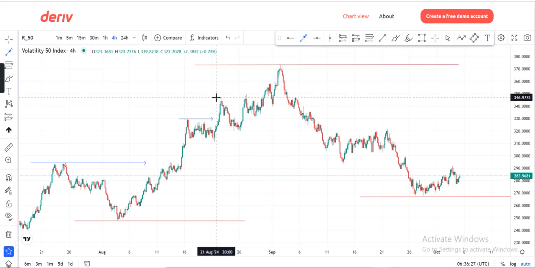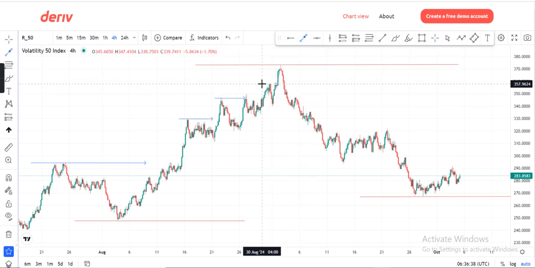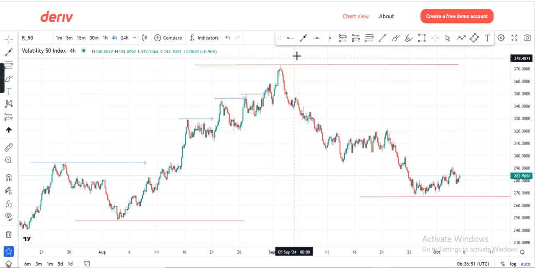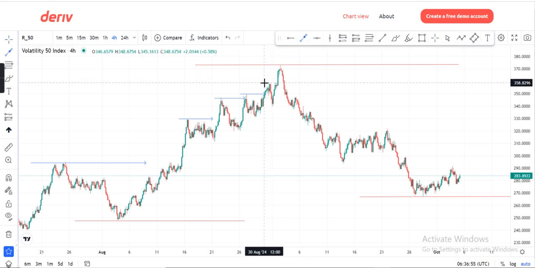We also had this. And we had this last one, which was taken out. I would have to just mark all the break of structure. So we had this also. There was a break of structure at this point, market rejecting into the area. We also had this.